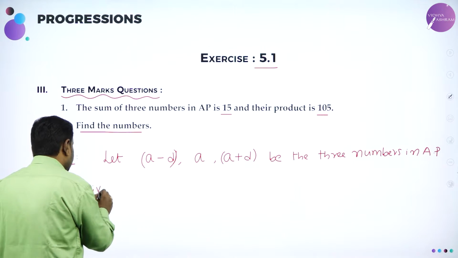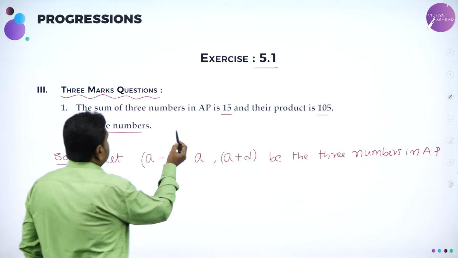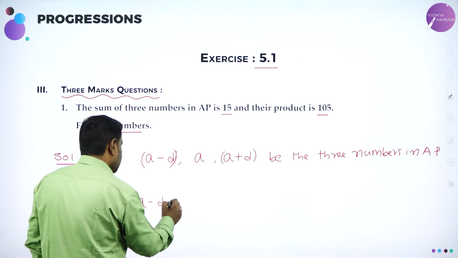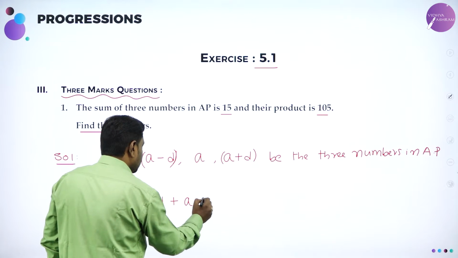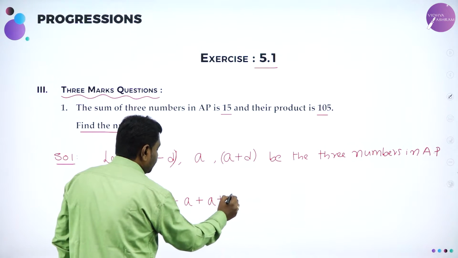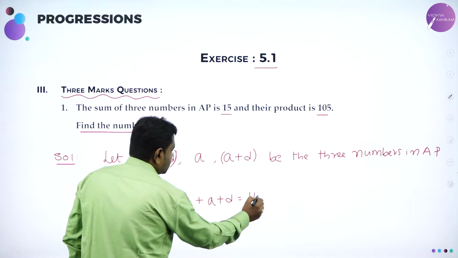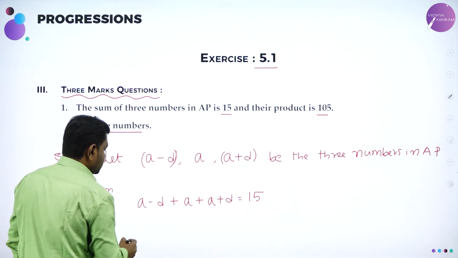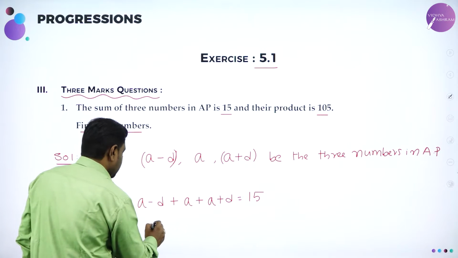Now what is given? They have given the sum is 15. a minus d plus a plus a plus d is what? 15. Sum is 15. Now you know minus d plus d cancels. a plus a plus a is 3a.